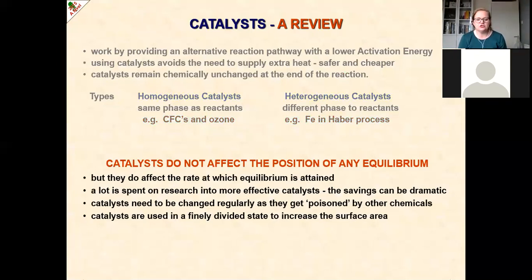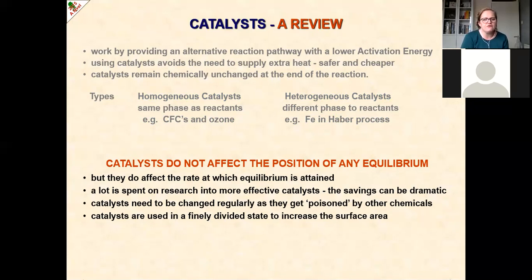Okay, so catalysts do not affect the position of any equilibrium. We haven't done a whole lot on equilibria yet, but if you think back to GCSE, equilibrium is the point where we have that balance between reactants and products. Catalysts don't affect that.